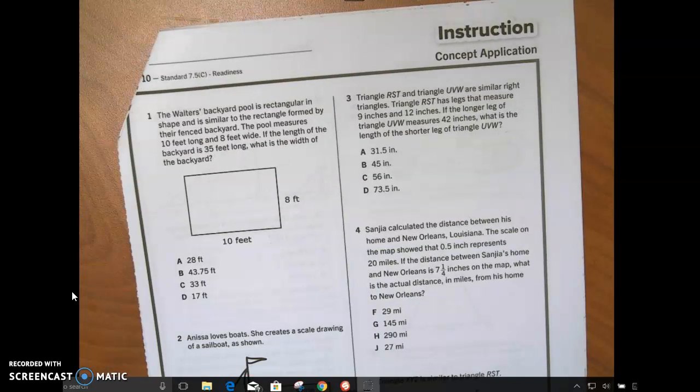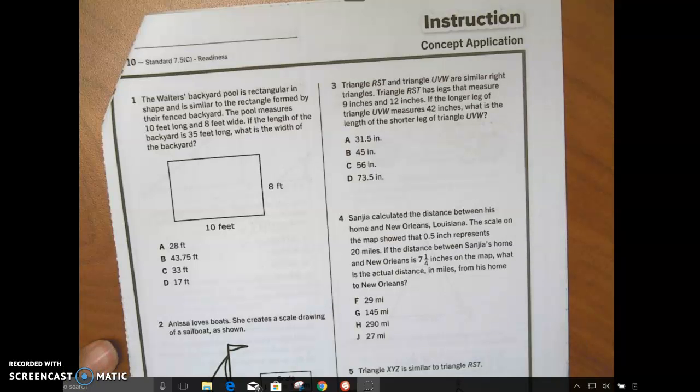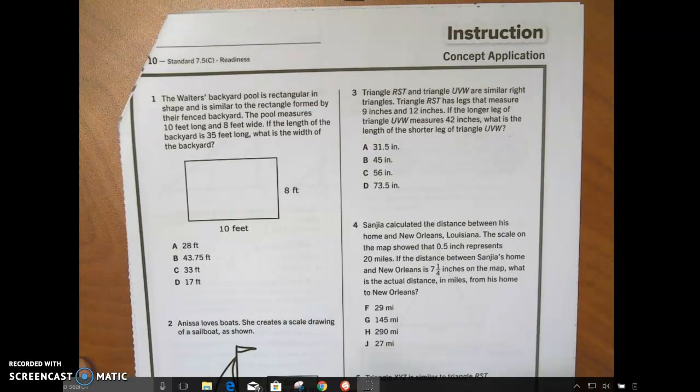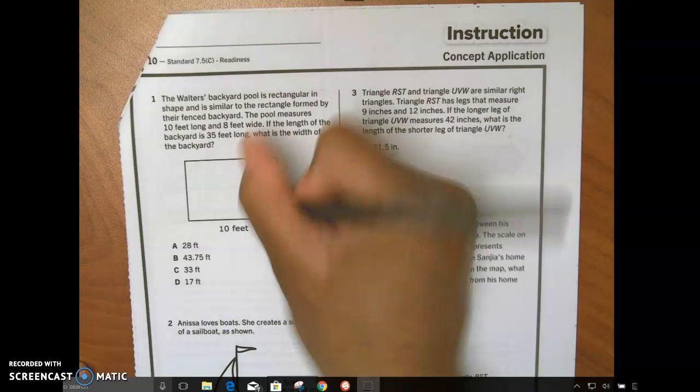Next. Walter's backyard pool is rectangular in shape and similar to the rectangle formed by their fenced backyard. The pool measures 10 feet long and 8 feet wide. So this is the pool.